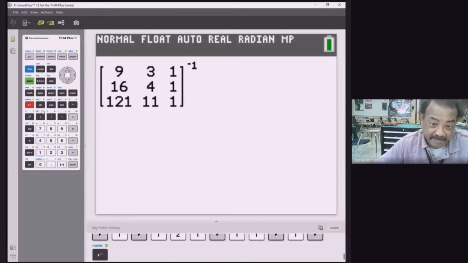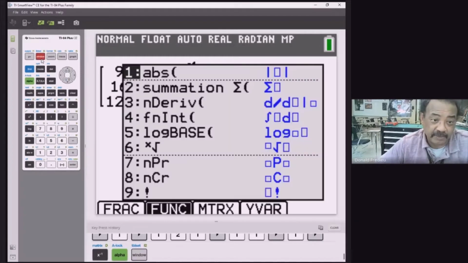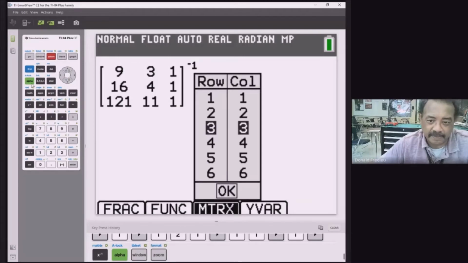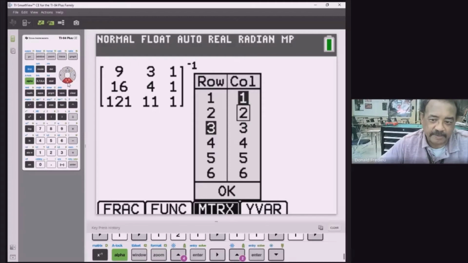Now that takes care of my main matrix. Now I have to get my Y matrix in. So I'm going to go back to alpha, window, zoom. Now this time I want a 3 by 1, so I'll start to space up to 3, then over, and up to 1, then I'll space down to OK.